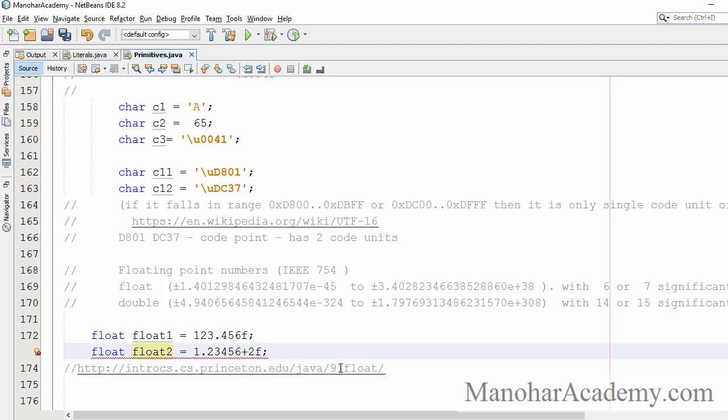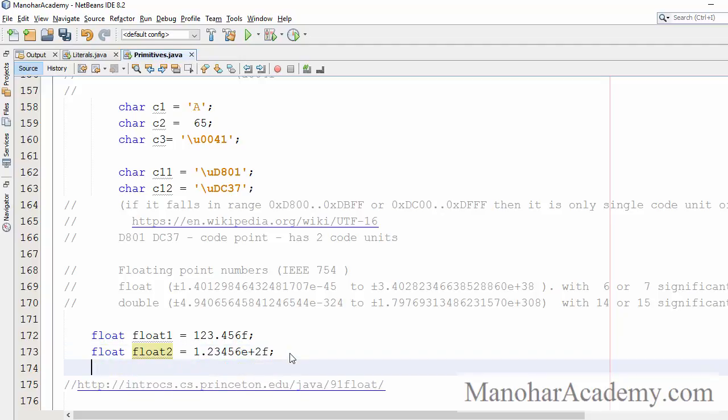What is happening here? I missed the E. So basically, when you see plus 2, you have to move the decimal point to the right, because it is going to be multiplied with 10 to the power of 2, that is 100. So these two are equivalent. The other way of representing this one is to move the decimal to the right side, and in this case I have to write minus 2. So this is how we represent.